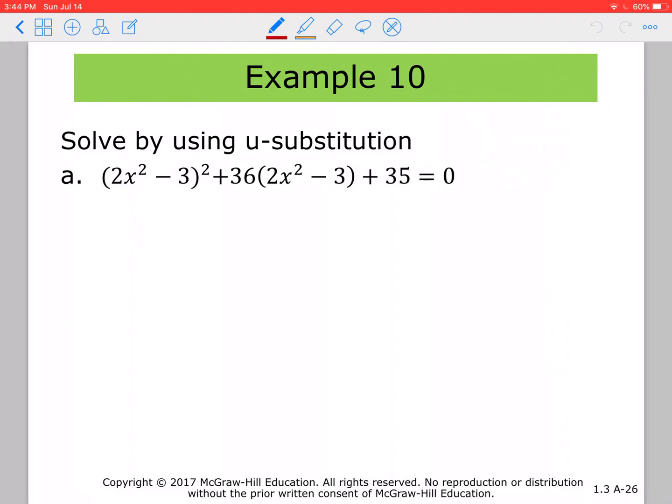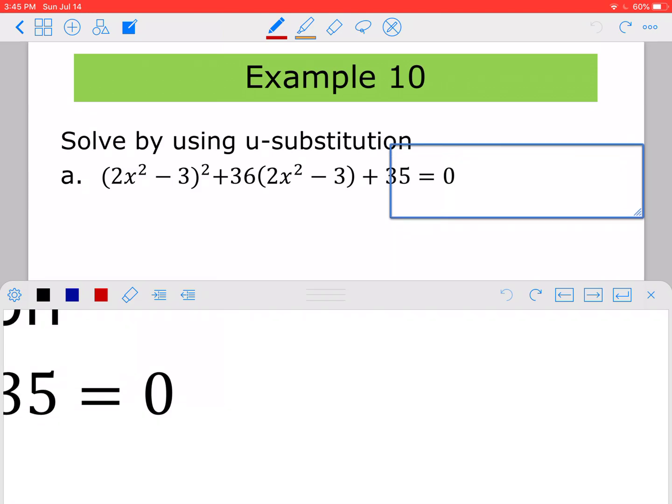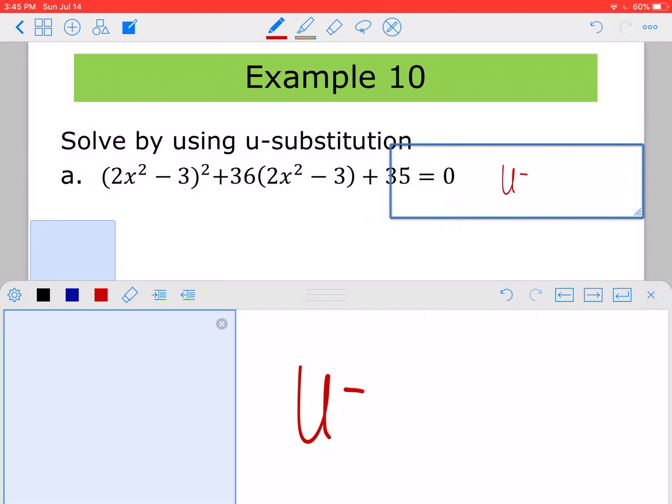Therefore, in order to make this easier to work with, we say that u is going to be that stuff in the parentheses, 2x squared minus 3. Therefore, we have u in place of that, squared, plus 36u plus 35 equals 0. And this is something that we can solve.